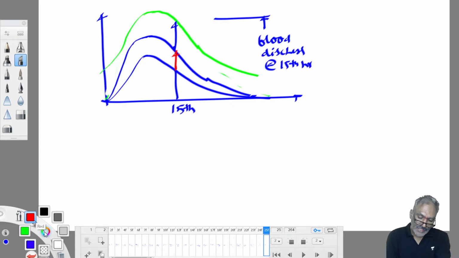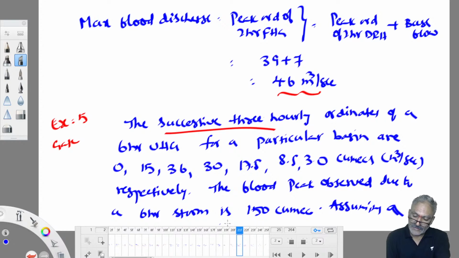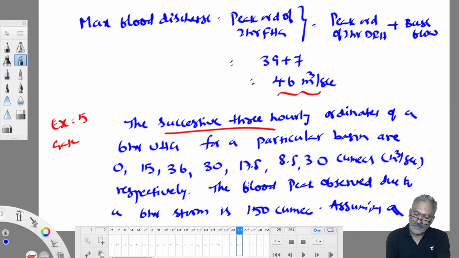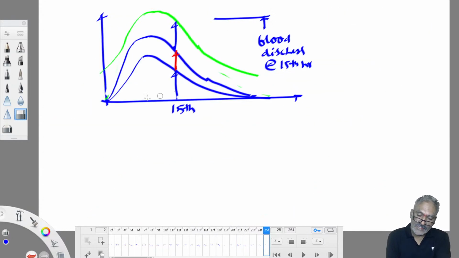So the ordinate of the unit hydrograph at the 15th hour time interval is how much? What is the ordinate? 8.5. Here it is given. At the 15th hour time interval we got already 8.5. This into 4, you multiply, you will get this.